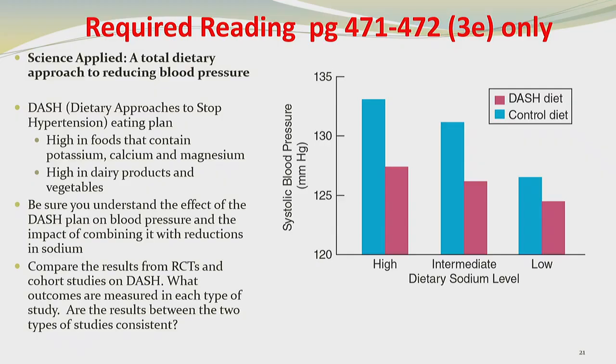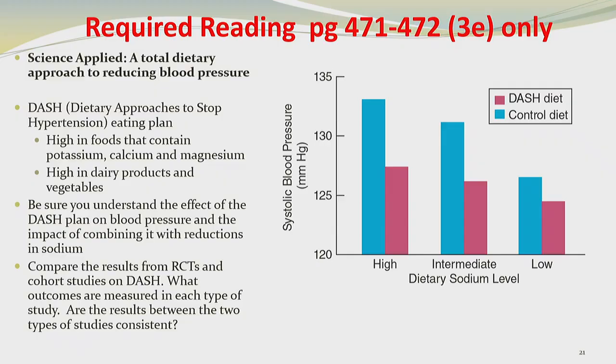So the control diet was a typical Western diet that is low in fiber and high in saturated fats. And the DASH diet was a diet that's high in fruits and vegetables, high in low-fat milk products, and generally high in potassium, calcium, magnesium, and fiber.